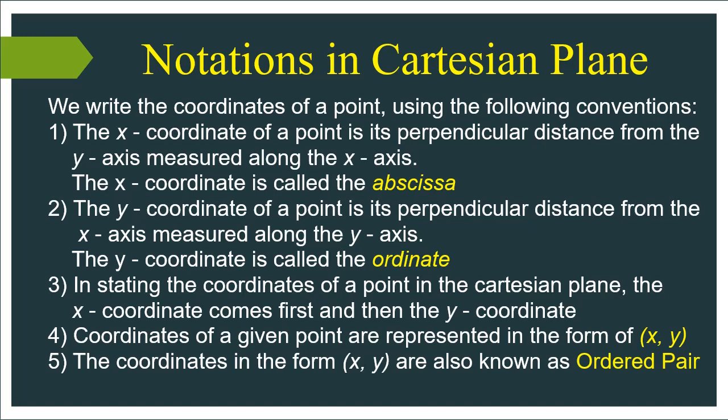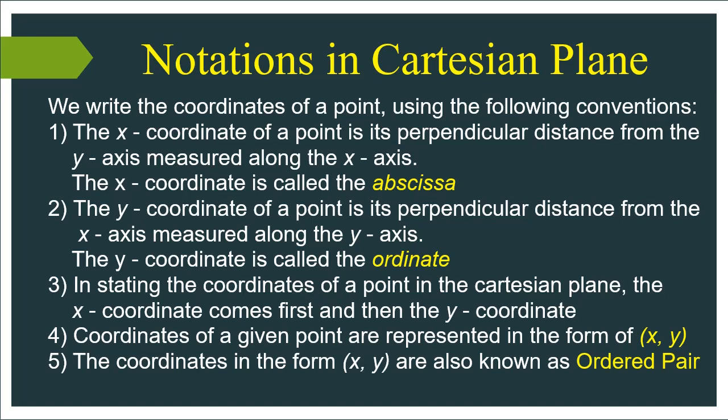Notations used in Cartesian plane. Before working with coordinate geometry, you must have knowledge of notations used in Cartesian plane. Before writing the coordinates of a point, we need to use the following conventions. Very first, the x-coordinate of a point is its perpendicular distance from the y-axis measured along the x-axis.